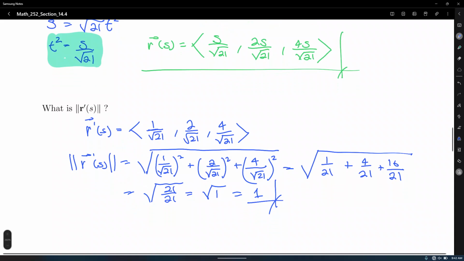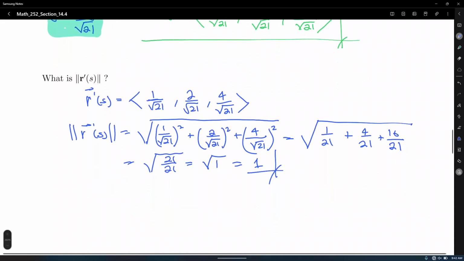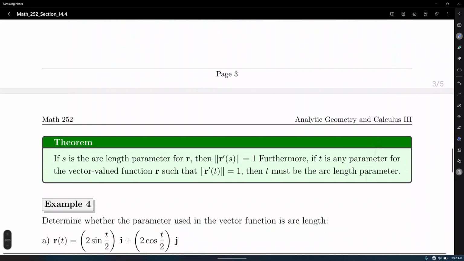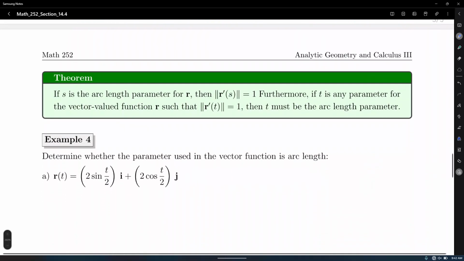But what does that have to do with our purpose? Well, let's have a look at the theorem on the next page. If s is the arc length parameter for r, then the magnitude of r prime of s is always equal to 1.